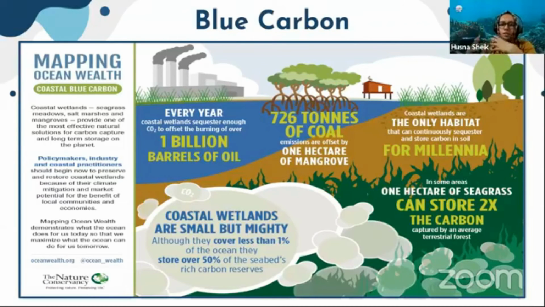Carbon dioxide and greenhouse gas emission is one of the biggest problems that we are facing today. Due to the anthropogenic input, climate change is accelerating, and so these ecosystems help to reduce the carbon dioxide level in the atmosphere by capturing it.